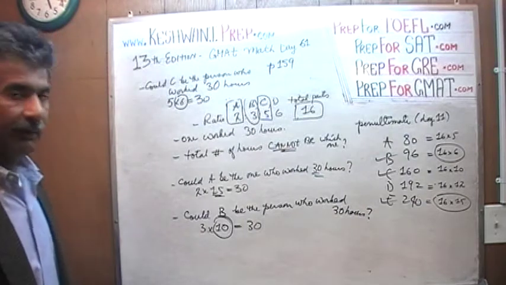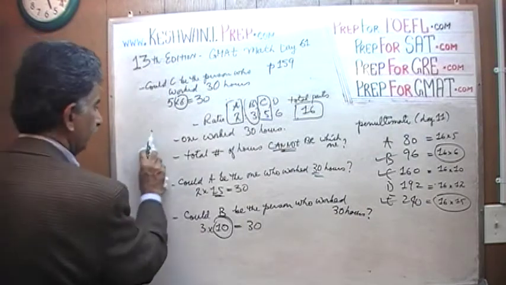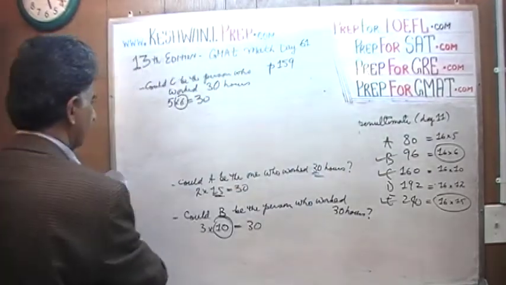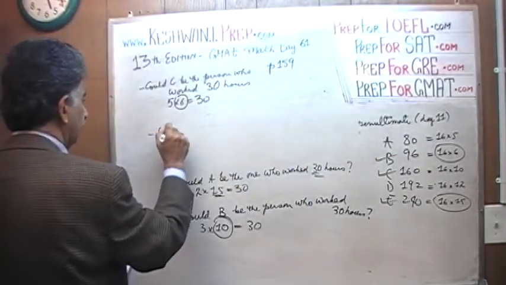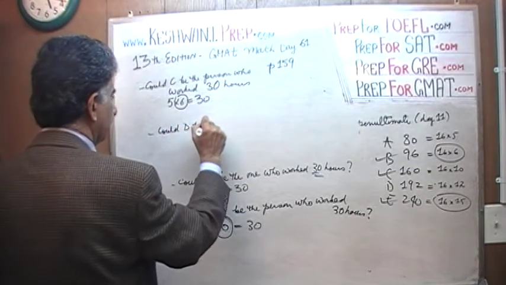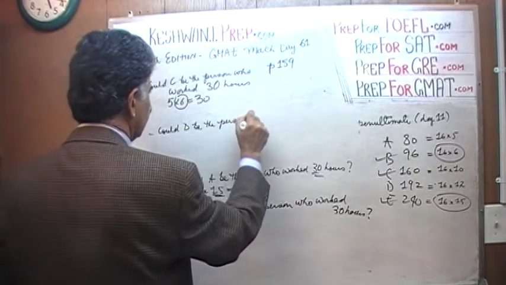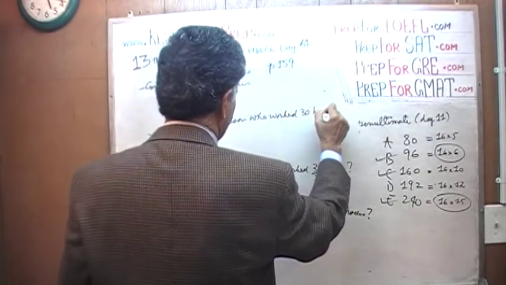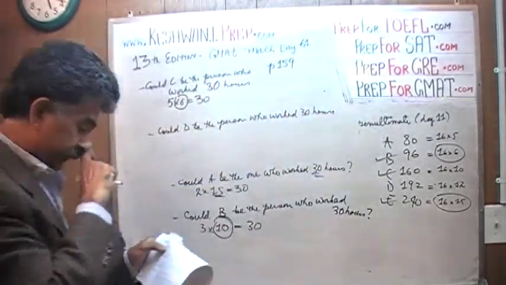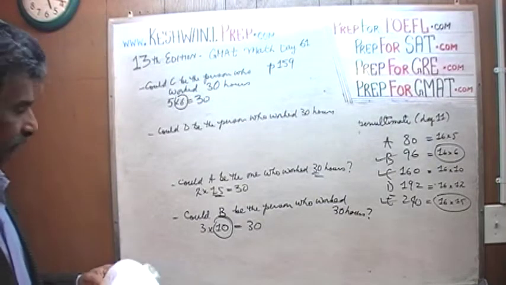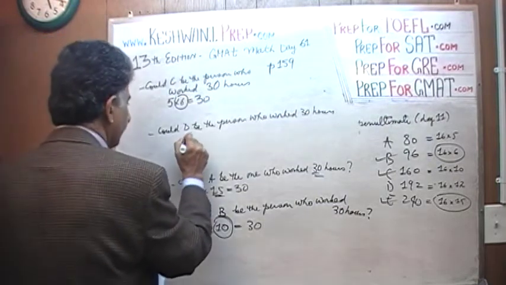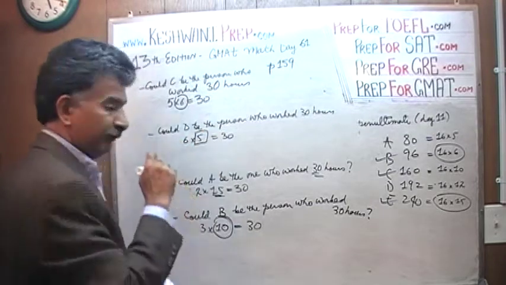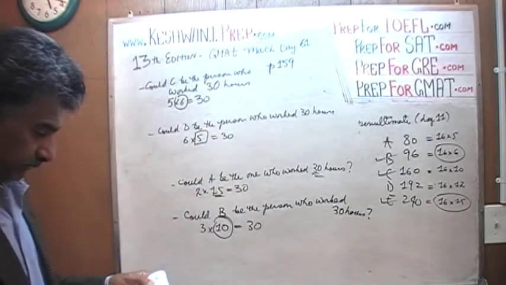Could D have worked? Let's find out. Could D be the person who works 30 hours? Well, D, we are told, what were the ratios? D was 6. So here 6 times 5 is 30. We need to multiply it by 5.